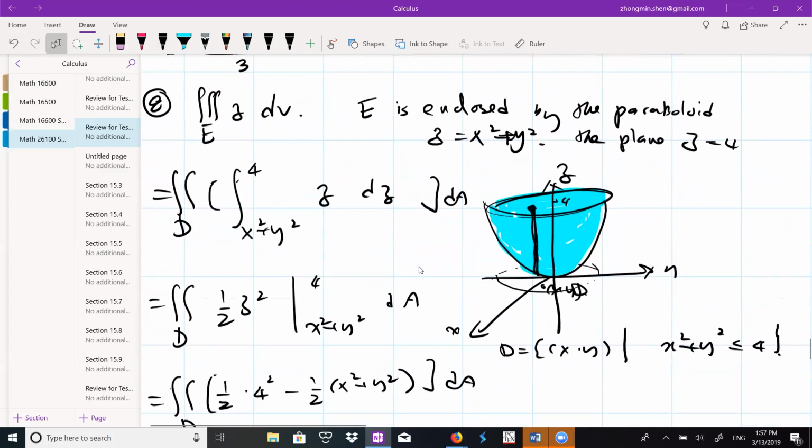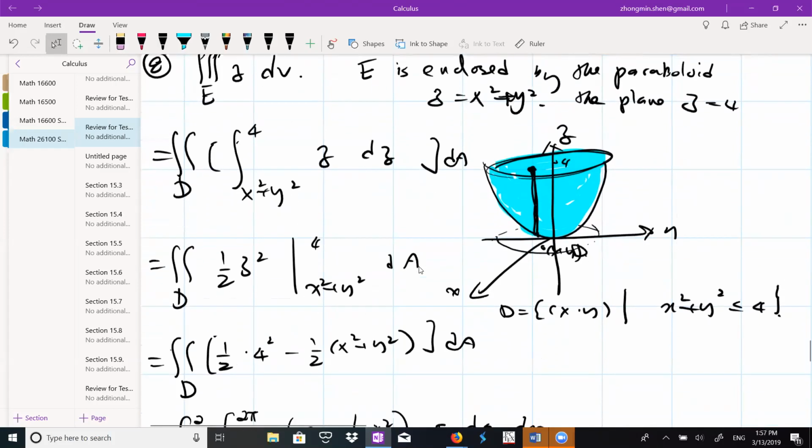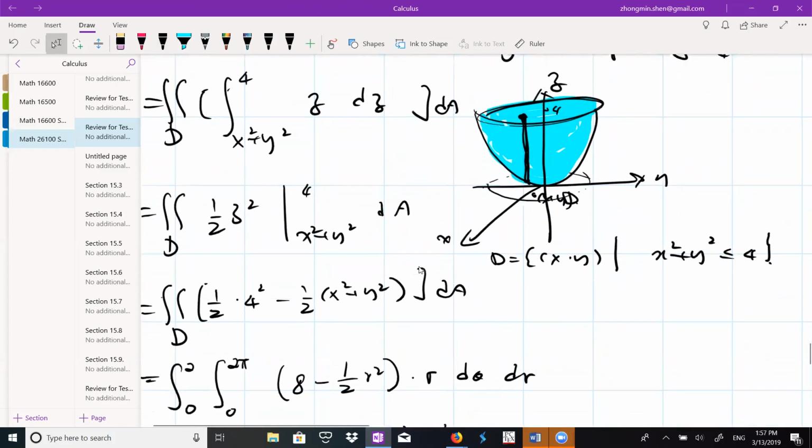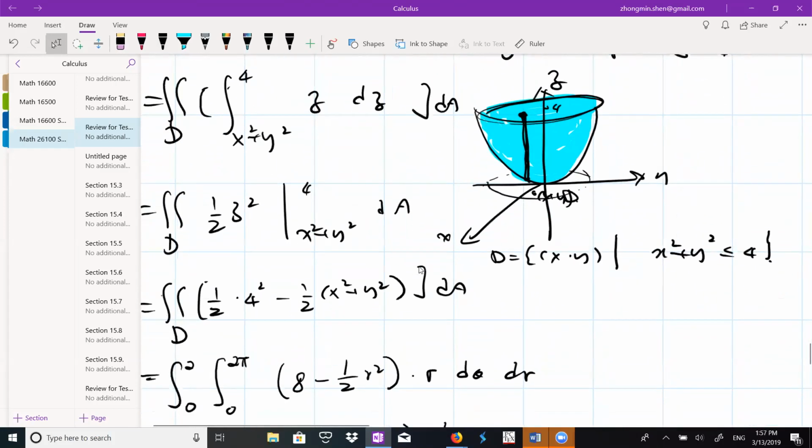Because the largest circle on the top is x squared plus y squared equals z equals 4. Okay. Then for each point x and y in the domain D, you can draw the vertical line. So these are from x squared plus y squared to 4.